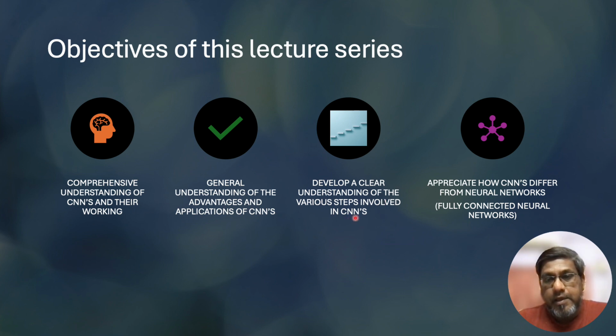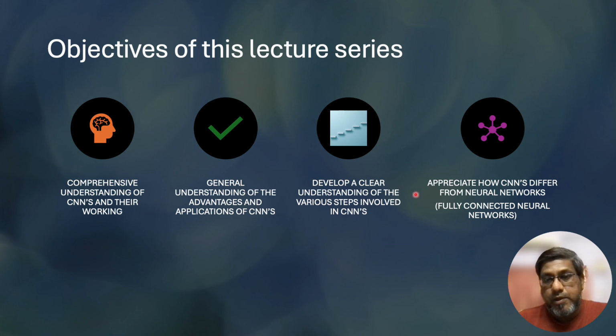So we will investigate and develop a clear understanding of the various steps involved in convolutional neural networks. In particular, as we go along this series of lectures, we will focus on the convolution process itself in quite a bit of detail.